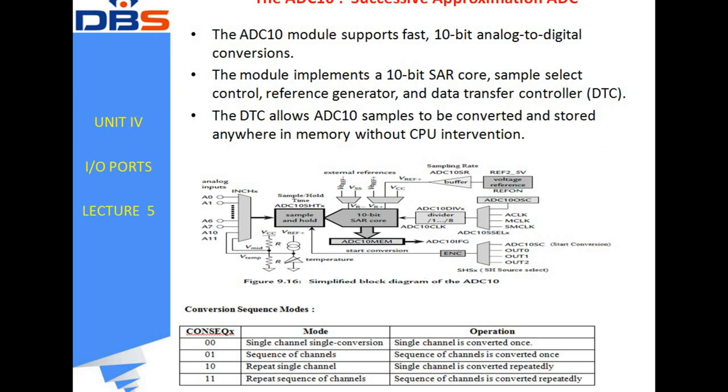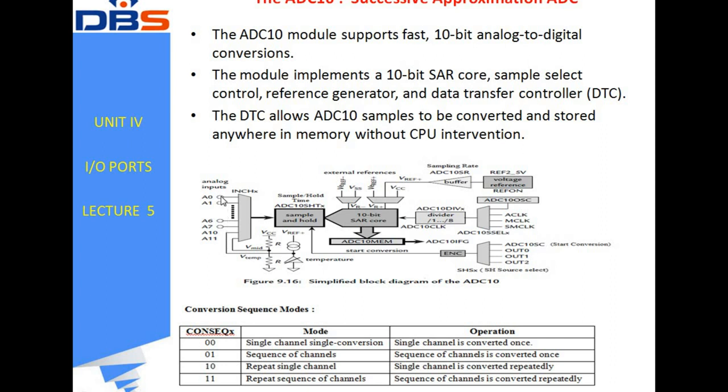For example, the temperature sensor will give us an analog signal. See here, this bubble indicates that the data is being received from external devices. That means we can receive some of the analog inputs from external devices, or this input is from an internal circuit.